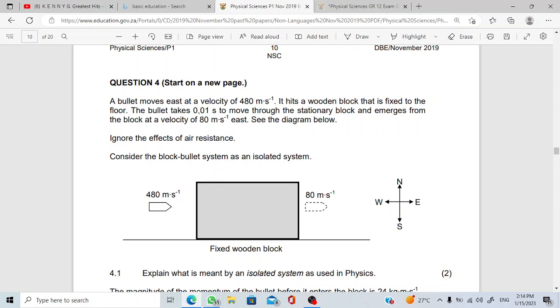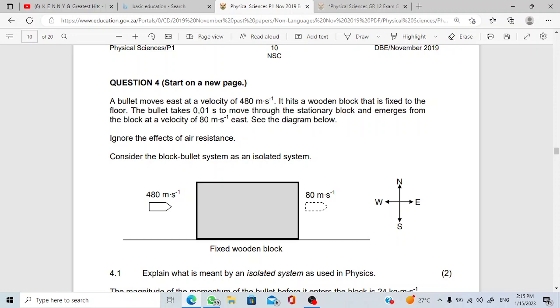Okay, now let us talk about this question. A bullet moves east at a velocity of 480 meters per second. Okay, it hits a wooden block that is fixed to the floor. Now the bullet takes 0.01 seconds to move through the stationary block.